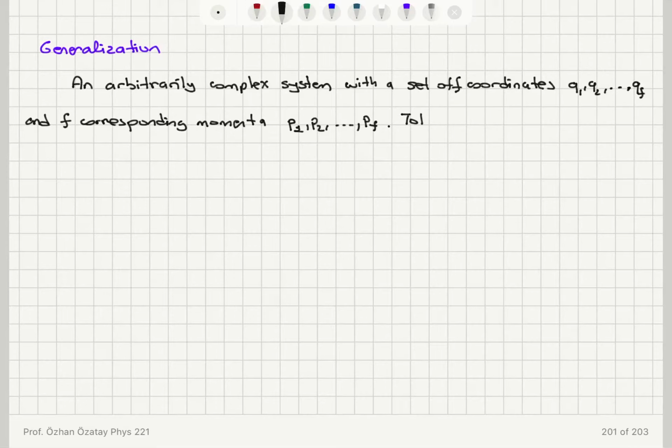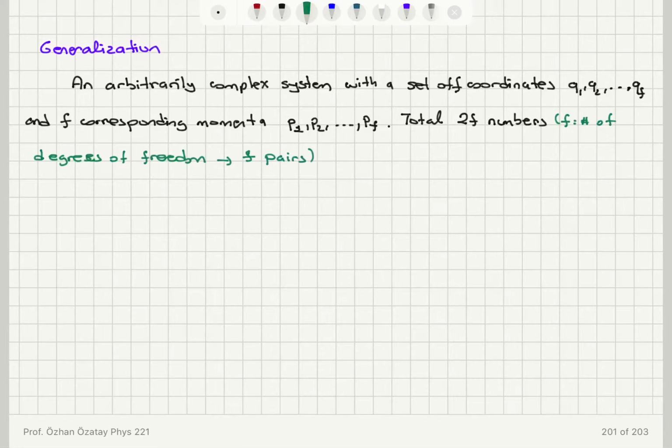So the total is 2F numbers, because F is the number of degrees of freedom, and basically this is going to be giving me F pairs of values Q and P. Now for each coordinate and corresponding momentum, for each particle, ith particle position, ith particle momentum pair, let's say, I have delta Qi times delta Pi is equal to H0, a constant.